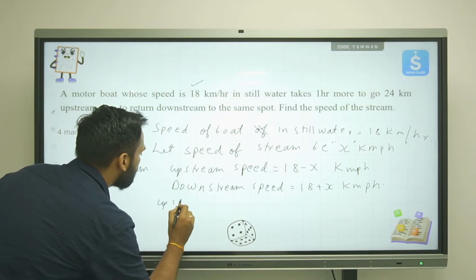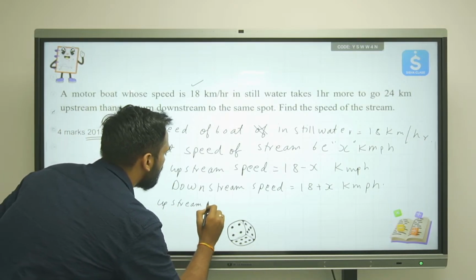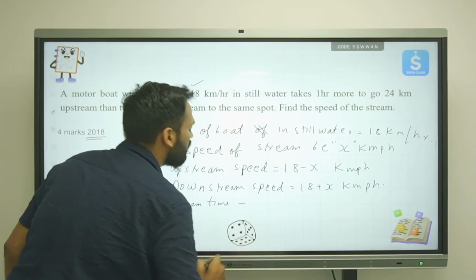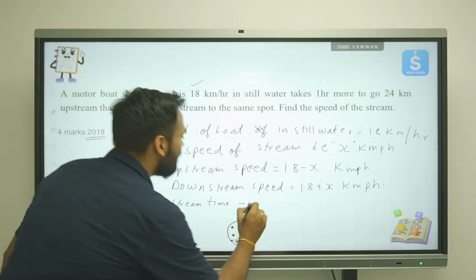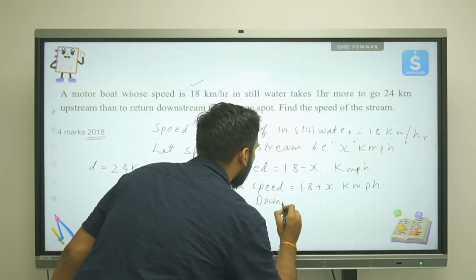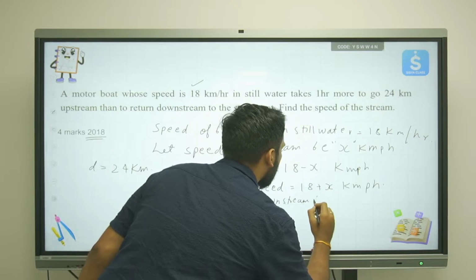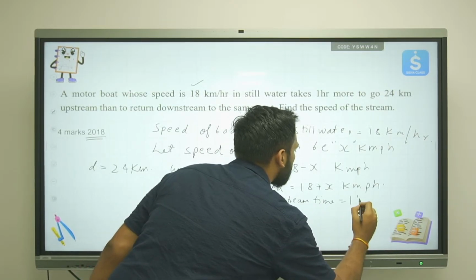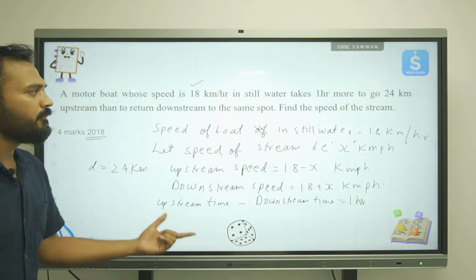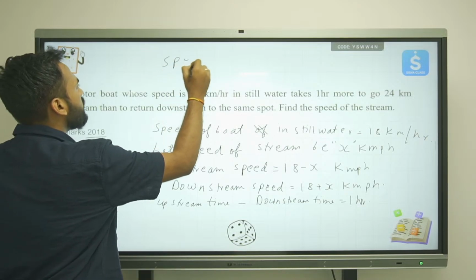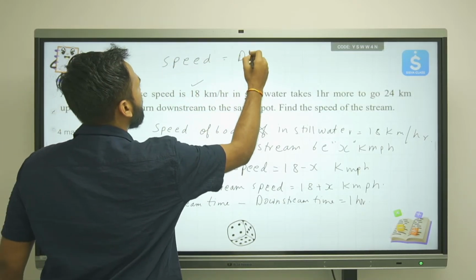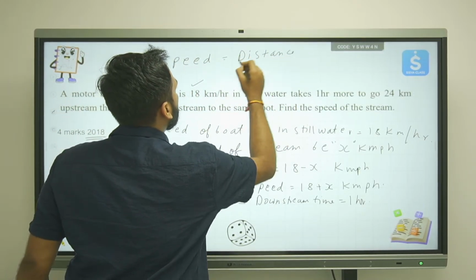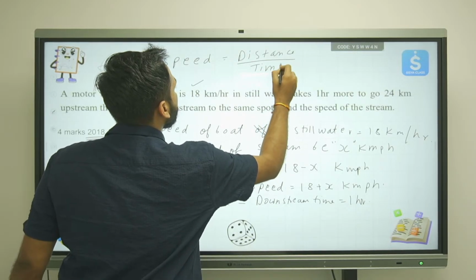Upstream time is 1 hour more. Upstream time minus downstream time is equal to 1 hour. So how will we find out the time? We know that speed is equal to distance upon time. Therefore time will be equal to distance upon speed.